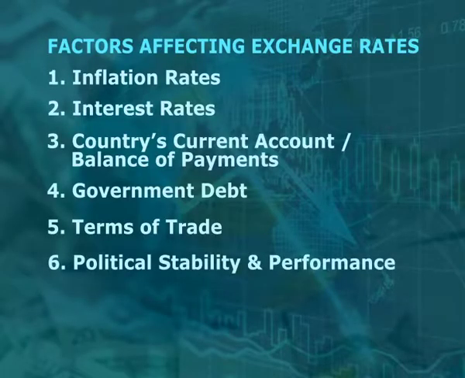Sixth, political stability and performance. A country's political state and economic performance can affect its currency strength. A country with less risk of political turmoil is more attractive to foreign investors, as a result drawing investment away from other countries with less political and economic stability.